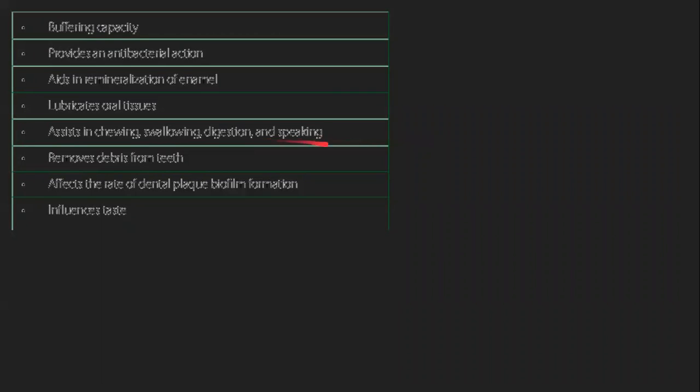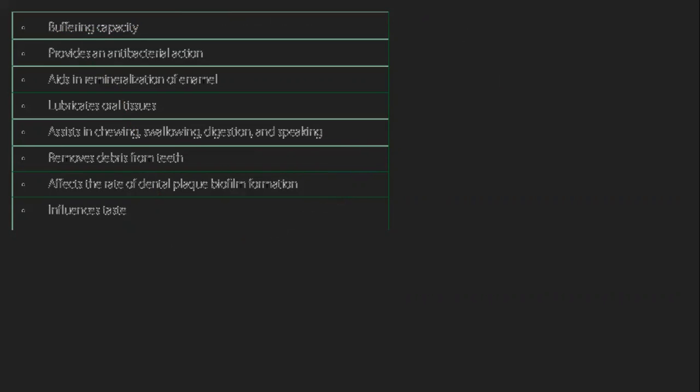So saliva does different kinds of things, right? It has some buffering capacity. So what does that mean? It means that saliva helps in maintaining the pH of the mouth and the food. A buffer is something that prevents change in pH, right?